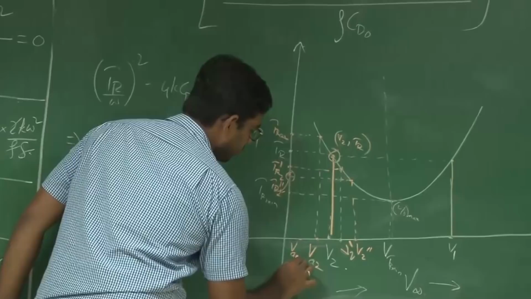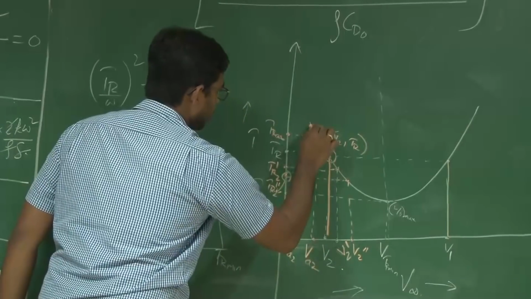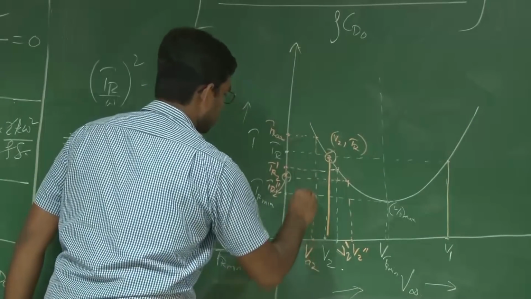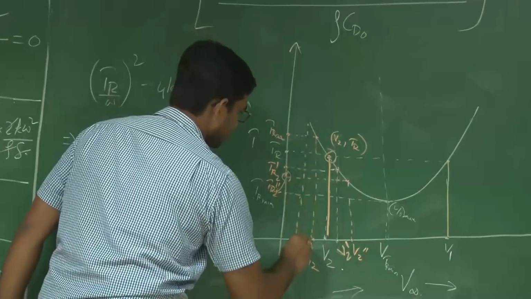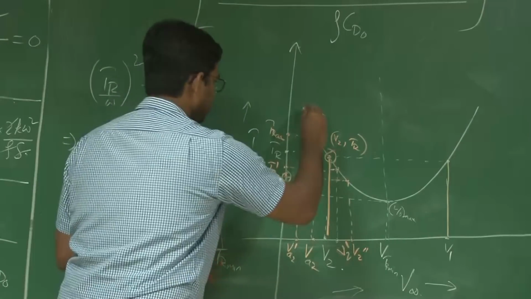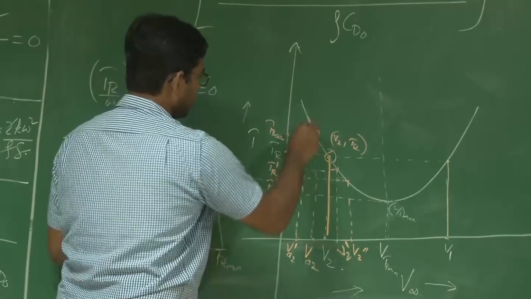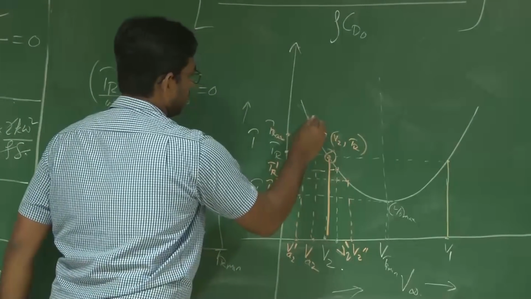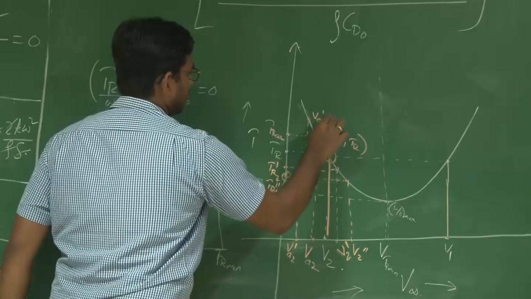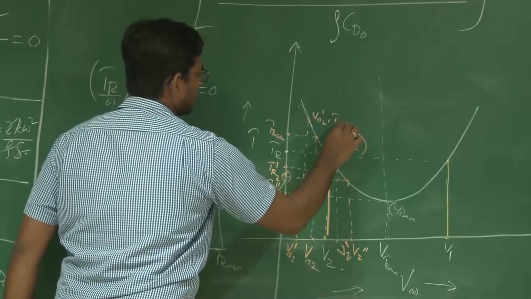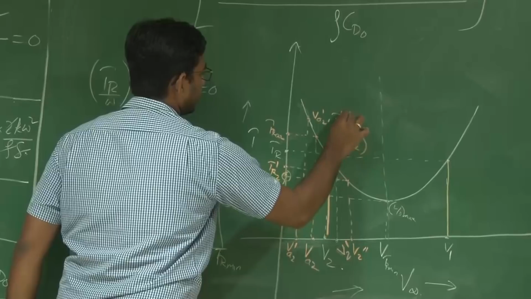Say it will come to Va2 prime, and the corresponding thrust is Tra2 prime.